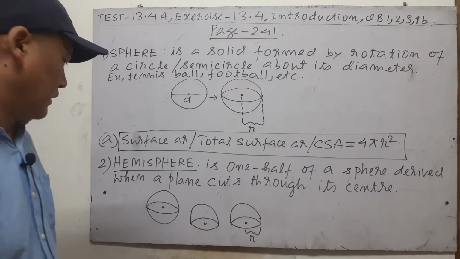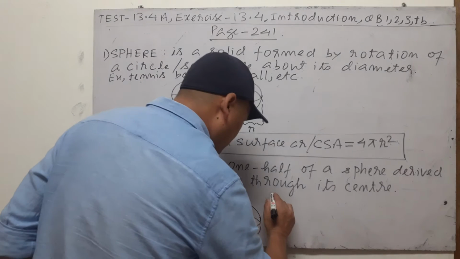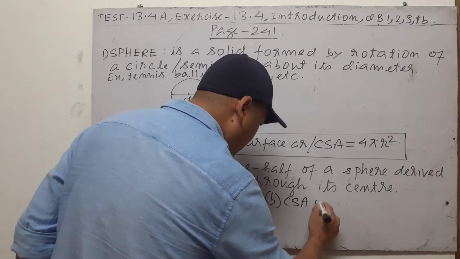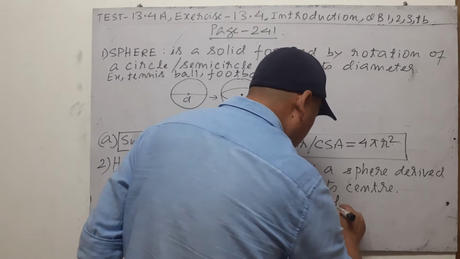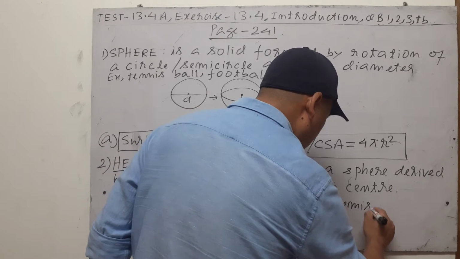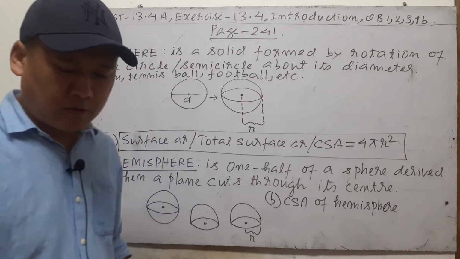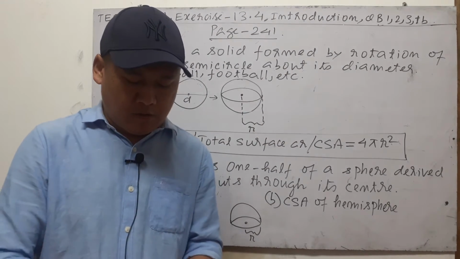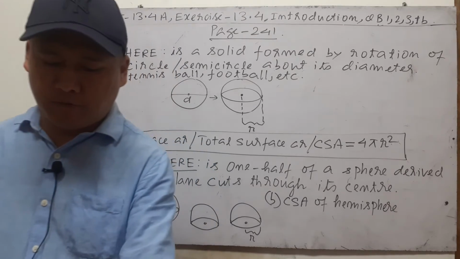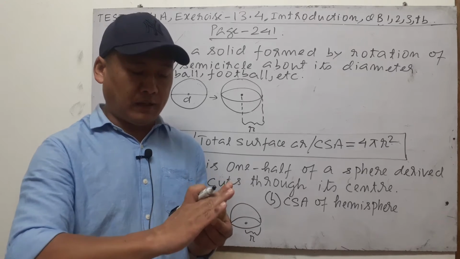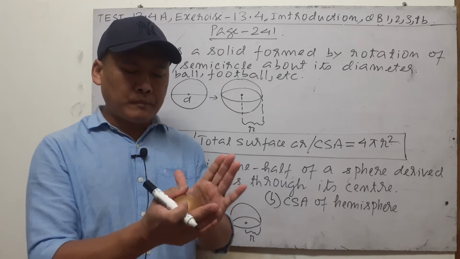Now the formulas here: A is there, the second formula, B, that of a hemisphere, is the curved surface area of a hemisphere. Curved surface area, because once you cut it open, let me show it with an example. Suppose this is half of a sphere, this part is flat, so everything is not curved now, unlike a sphere.